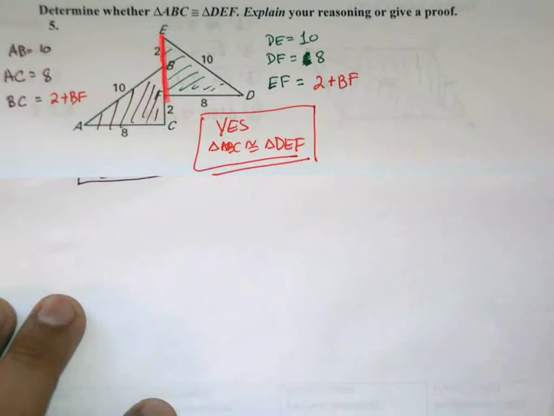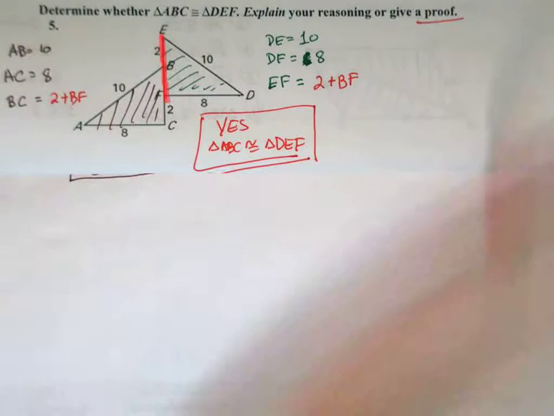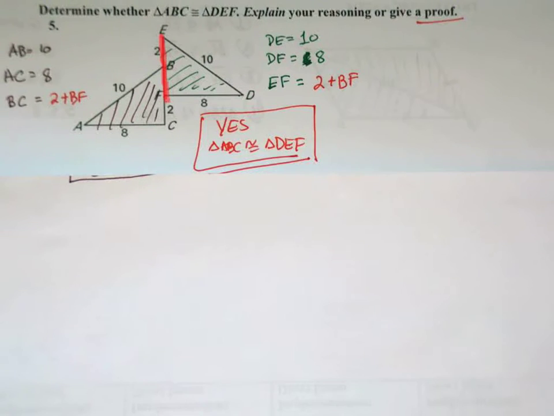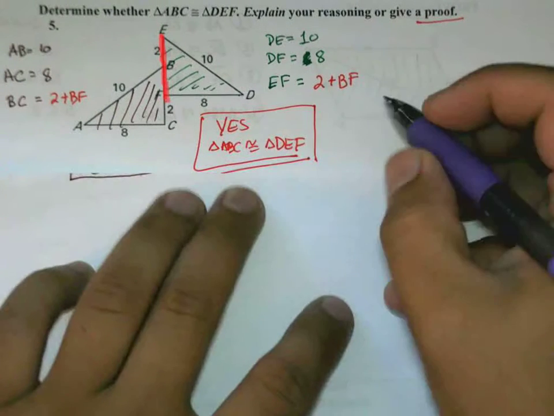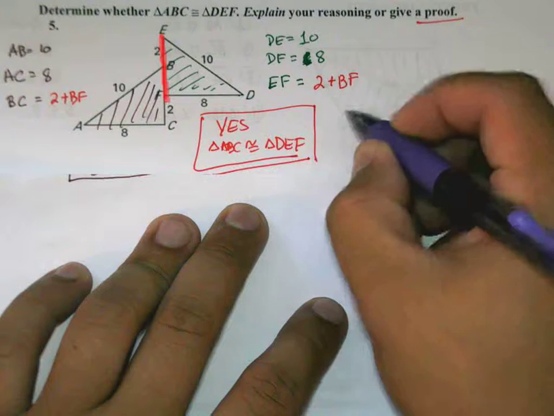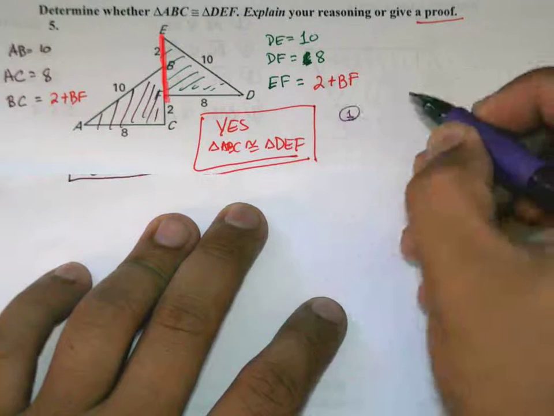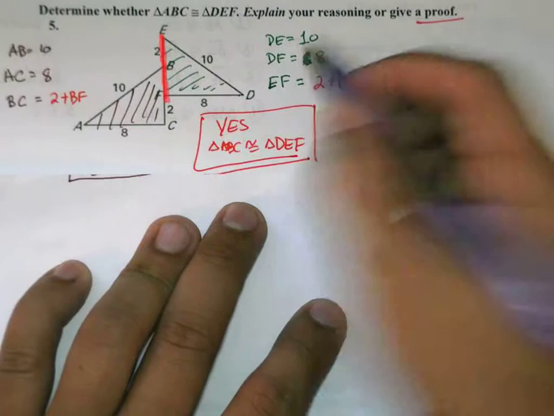But it also says to give a proof. Well, this shouldn't be too difficult to show. It's going to take me a little bit of writing here, but that's okay. I can make a statement and reason. So first, I can say that AB is equal to DE.